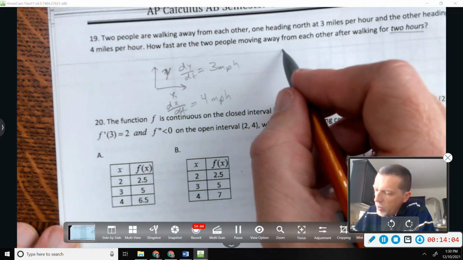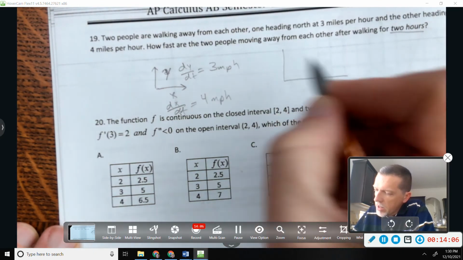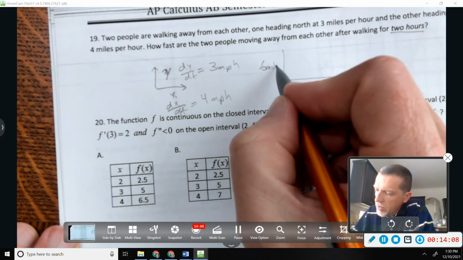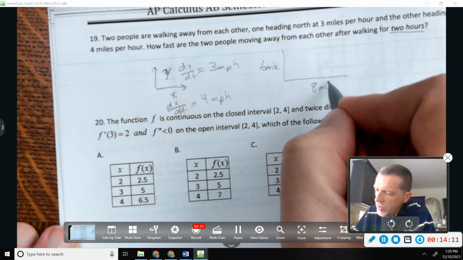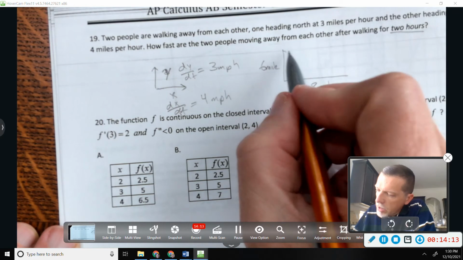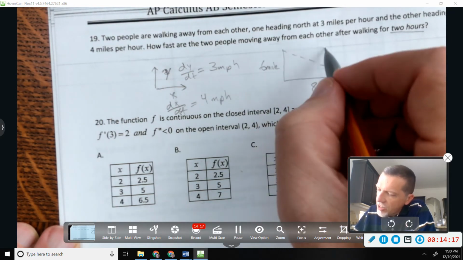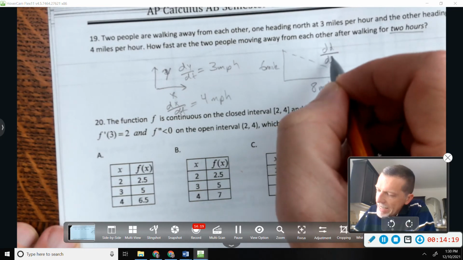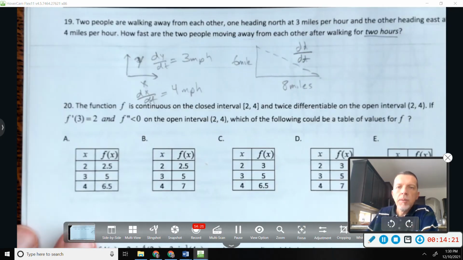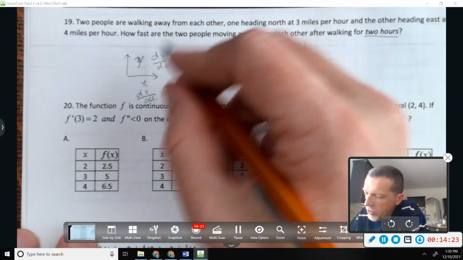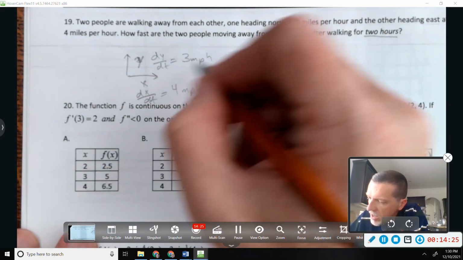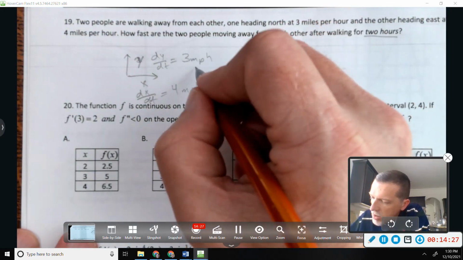Okay, so 2 hours later, this guy's gone 6 miles, this guy's gone 8 miles, and we want to know how this distance is changing. So dd/dt. And I guess I'll switch to A, B, and C. No, I can still use this one.